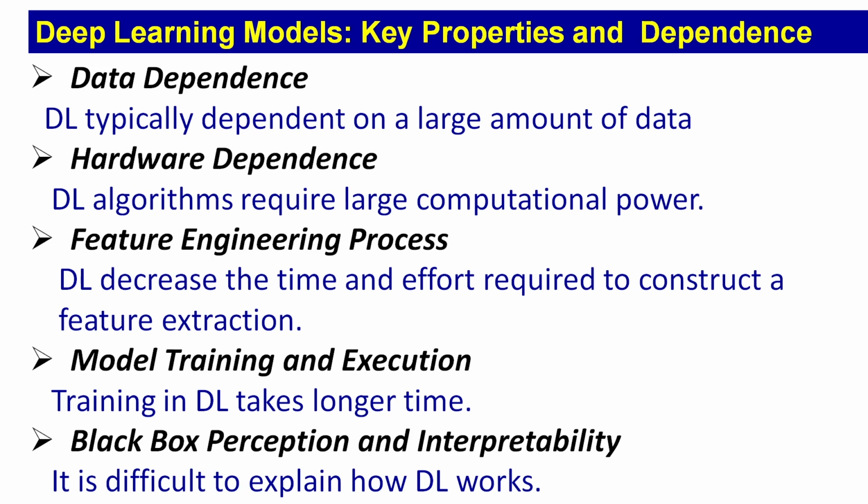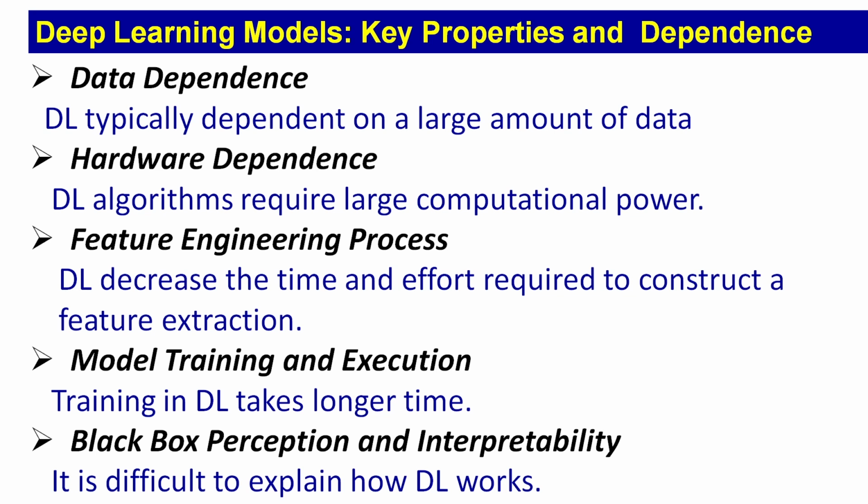The reason is that when data volume is small, deep learning algorithms often perform very poorly. That is why you need data. In such circumstances, however, the performance of standard machine learning algorithms will be comparable with the deep learning methods. That is the data dependence. So, you need a large amount of data for this.